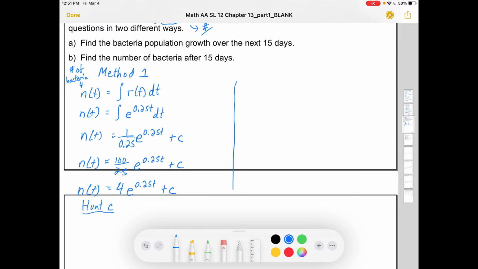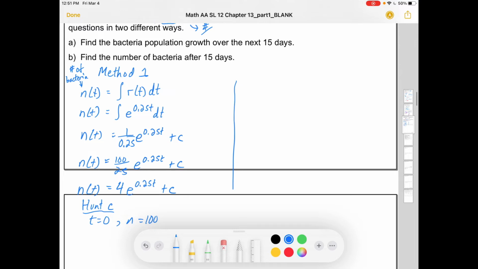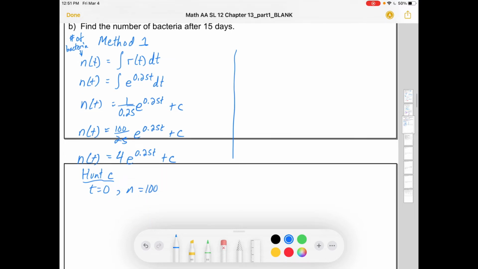What we know is that when t is 0, n is 100. So let's sub that in. If t is 0, we'd have 4e to the 0.25 times 0 plus c. That would all equal 100. And so we'd have 4 plus c equals 100, where c is 96.